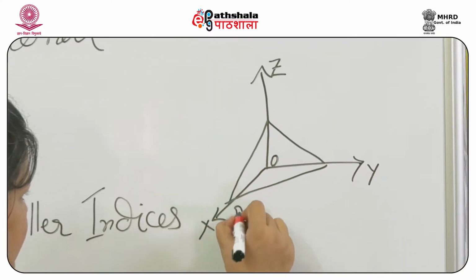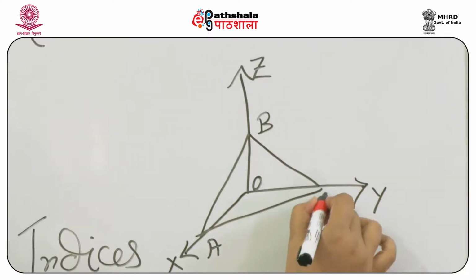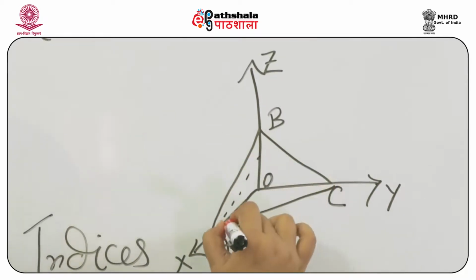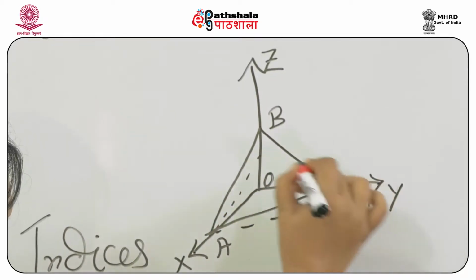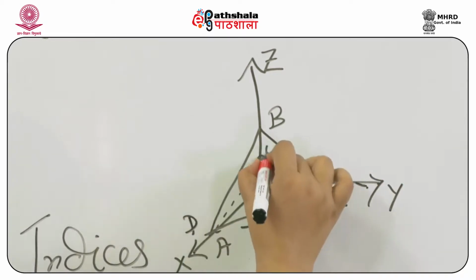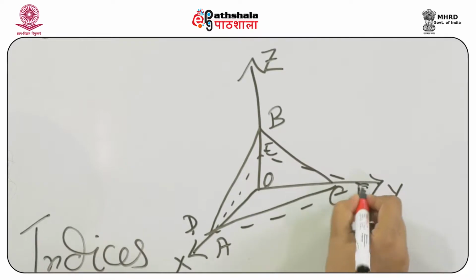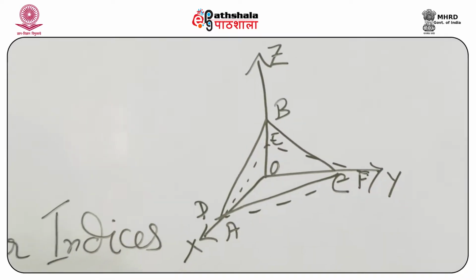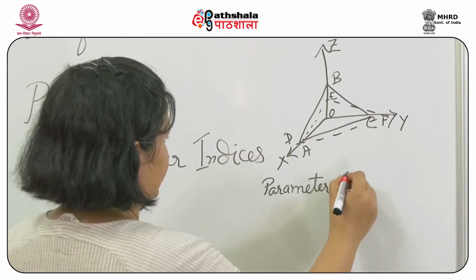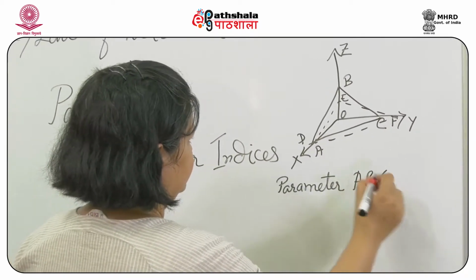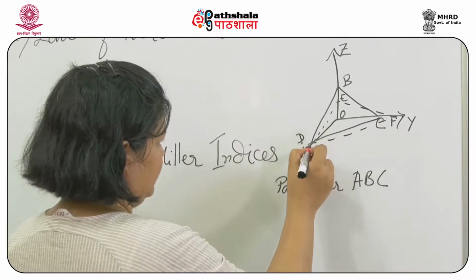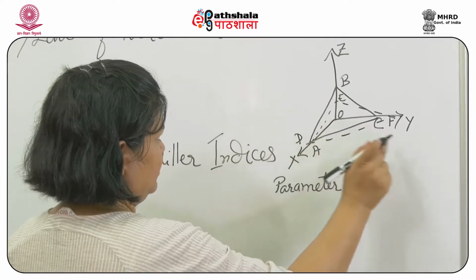We have A, B, and C. Then we have another crystal face which is like D, E, and F. The parameter for the face ABC is nothing but the intercept of the crystal face on the crystallographic axes X, Y, and Z.